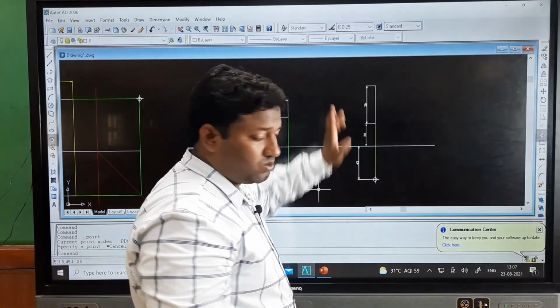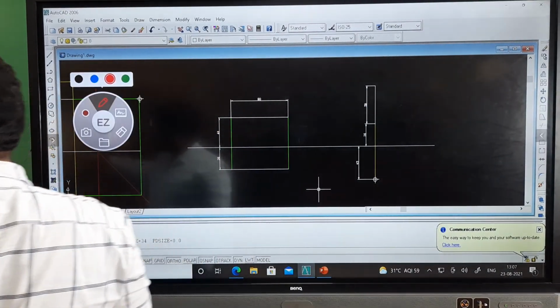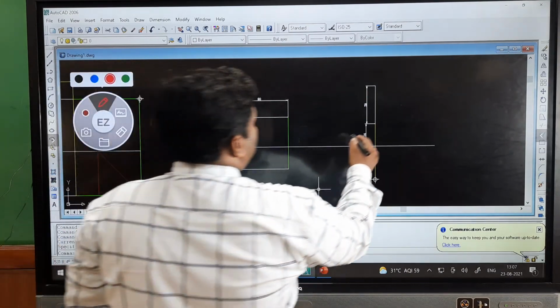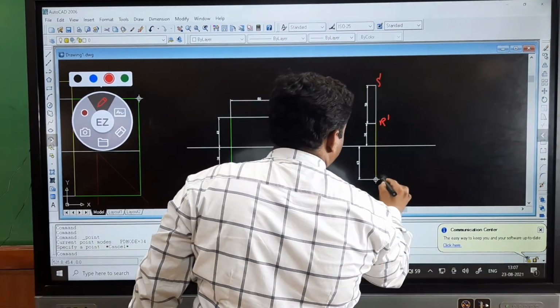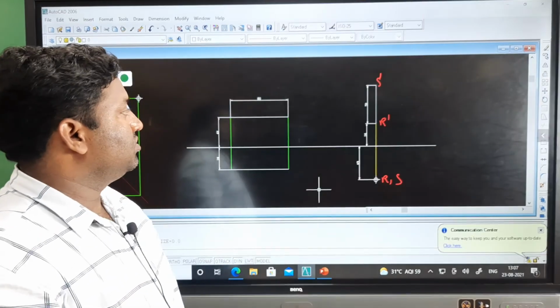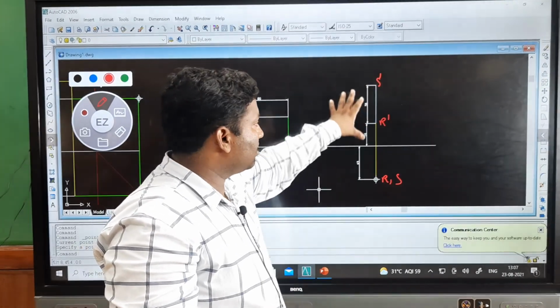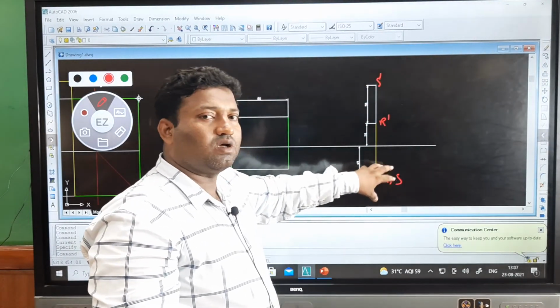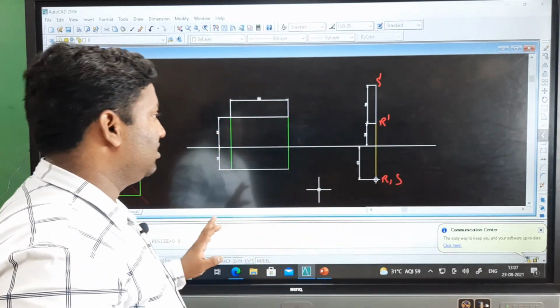So this one is our VP, that line is appearing on the VP. So here R complement S complement, and R comma S. Because it is appearing on the VP, I have put a complement there. Because this is appearing on the HP, I have put simply the alphabet. That's it.